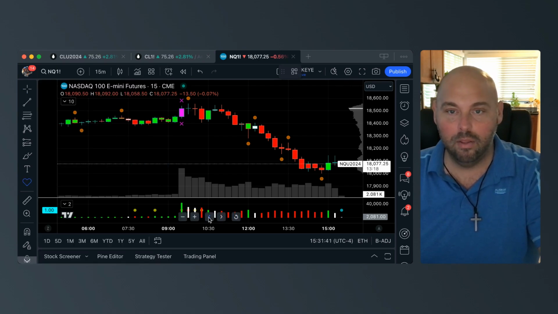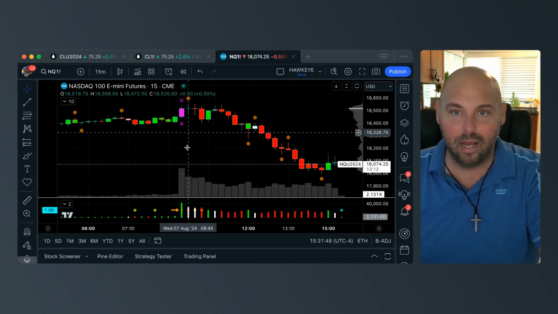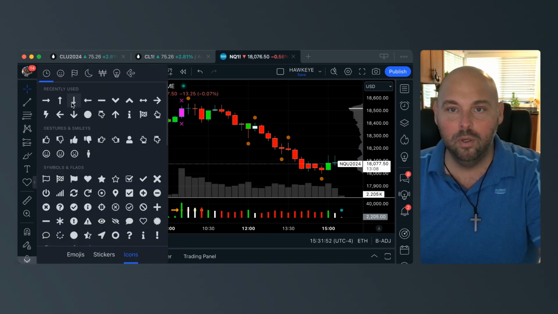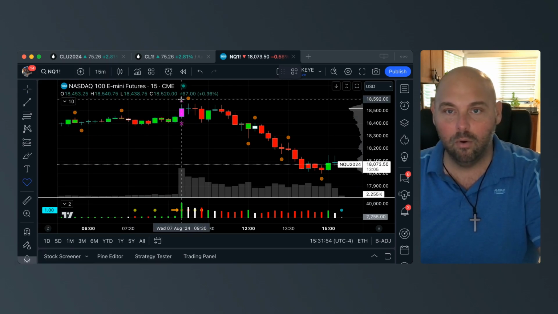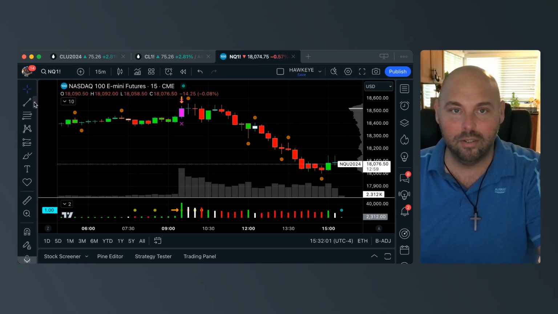We're going to talk about all the aspects. Of course, right here, we are looking at our ultra high volume radar dot on the 9:30 open candle of the US market. We're very specifically looking right here at this Hawkeye wide bar. Okay, you can see it highlighted there in magenta. I'm going to do something very quickly.